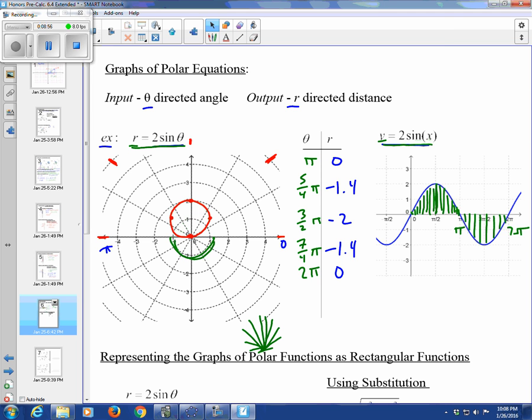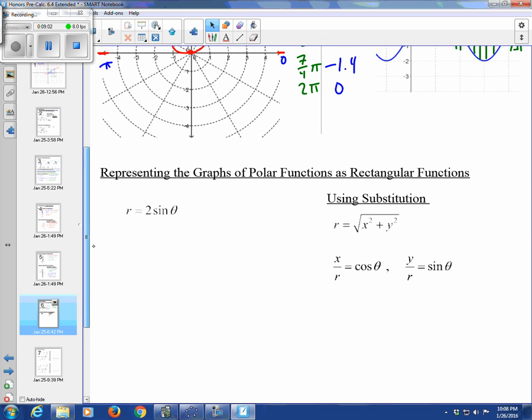Now, what we're going to talk about at this point is a way for us to represent our polar function as a rectangular function, or as a function we would graph on the xy axis. And what we're looking to do here is take our r and our sine theta and represent them with x and y values.